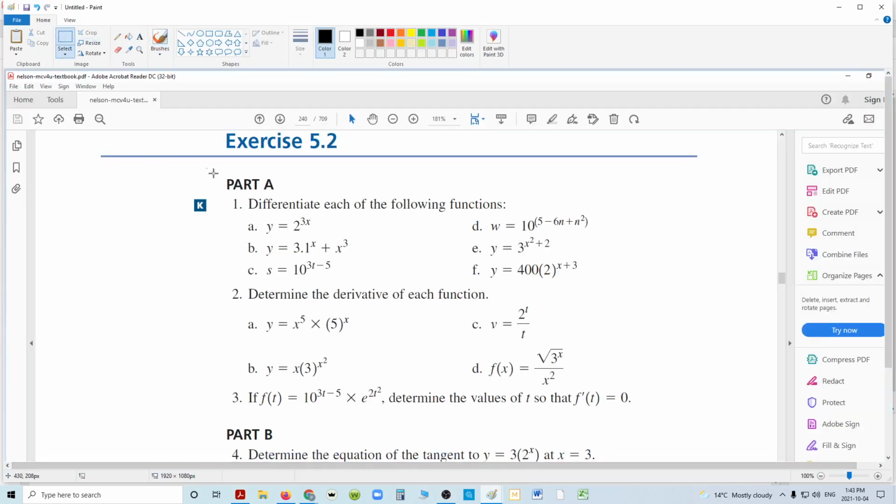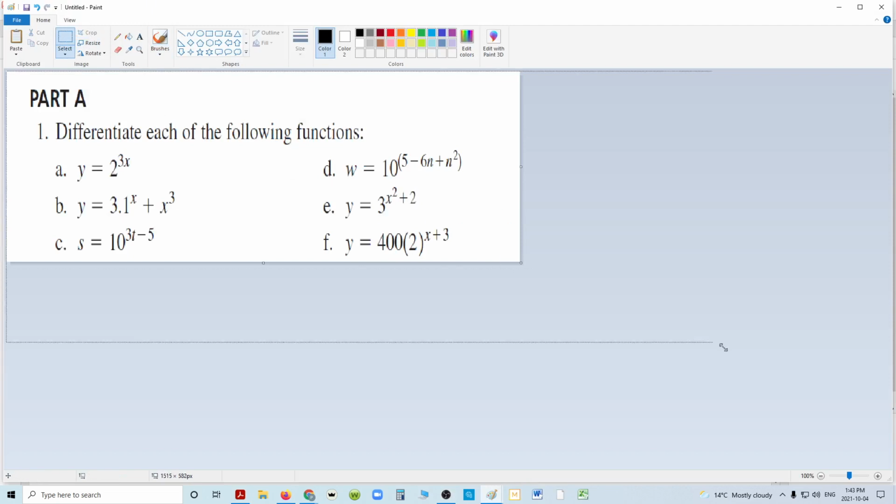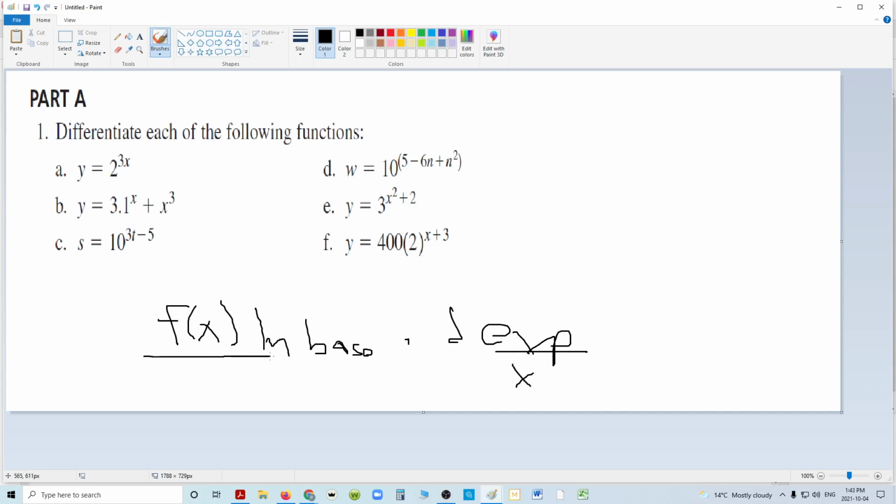Okay, they just ask you to differentiate using the tools you just learned. So it's essentially going to be the function itself times the ln of the base times the derivative of the exponent based on x. And there you go.